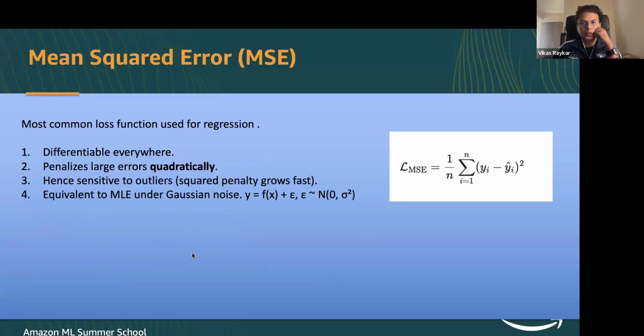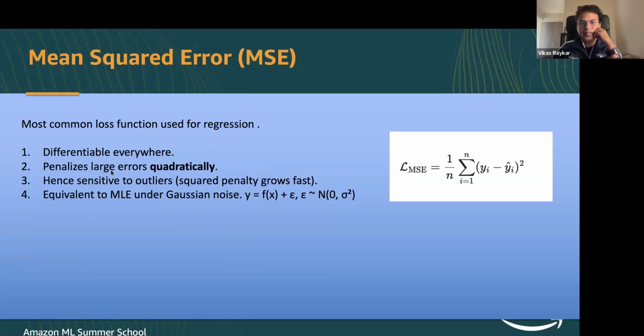So we'll start with regression loss functions. The first one, the standard one, is the mean squared error. yi is your actual target, yi hat is your prediction. You take the square, sum over all the instances, and average it. MSE is differentiable everywhere.